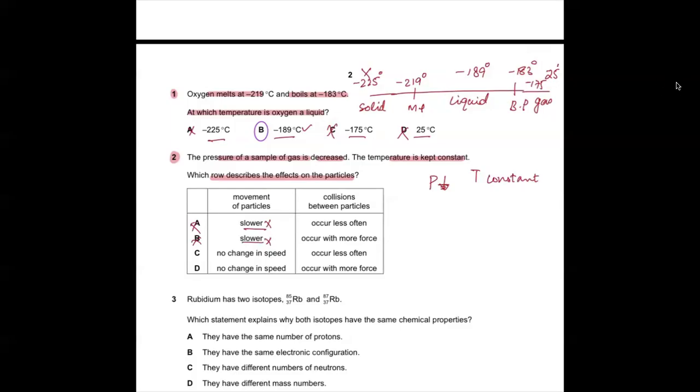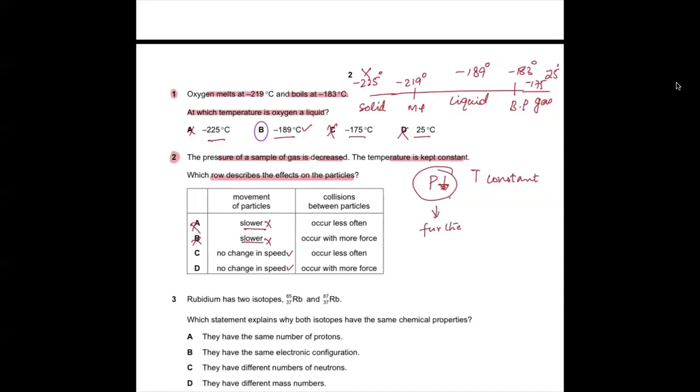When the temperature is constant, there is no change in the speed of the particles, so it's going to be either C or D. We have decreased the pressure, so the particles go further away.